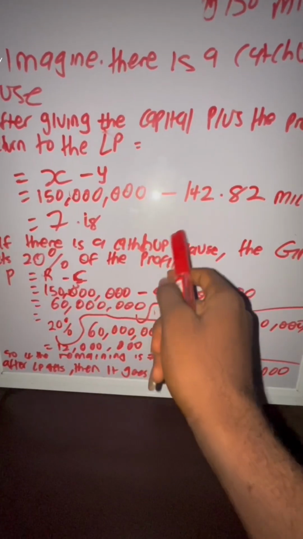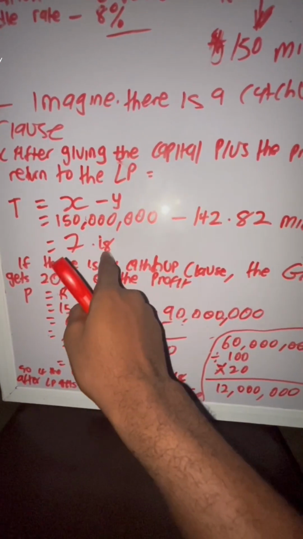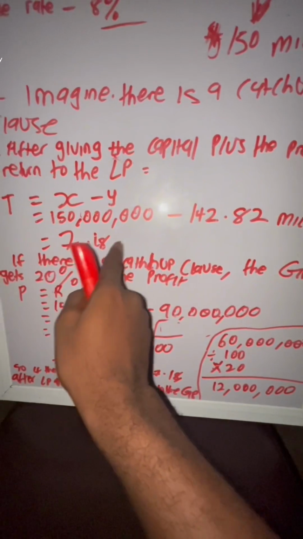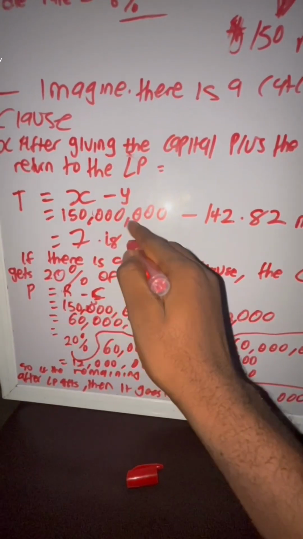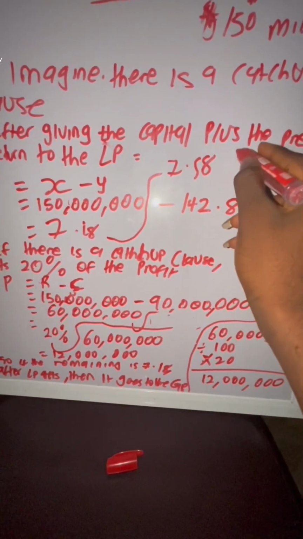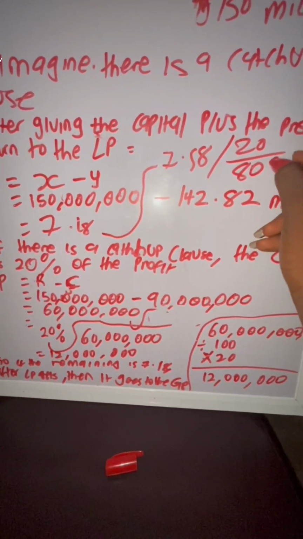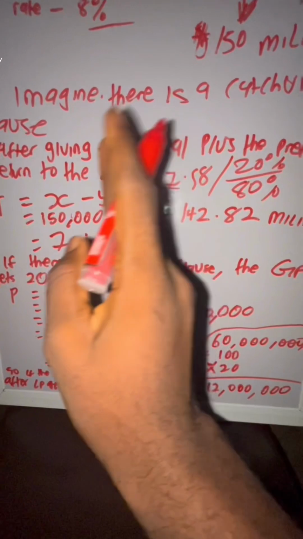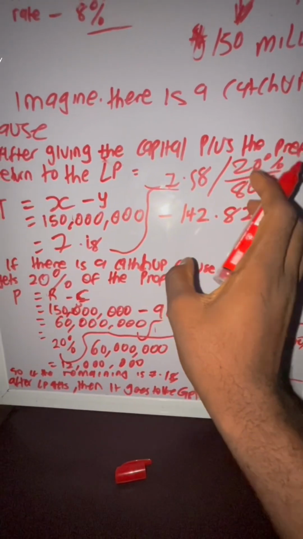But in the situation where they don't have a catch-up clause, and this is exactly what's left like in that previous board, what happens is this comes here, 7.18. So you break it down to 20% for the GP and 80% for the LP. That's exactly what happens.